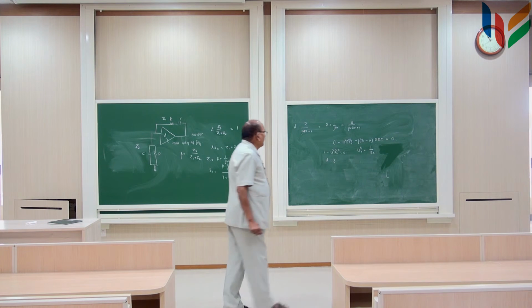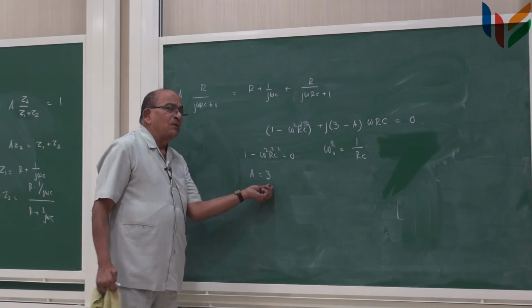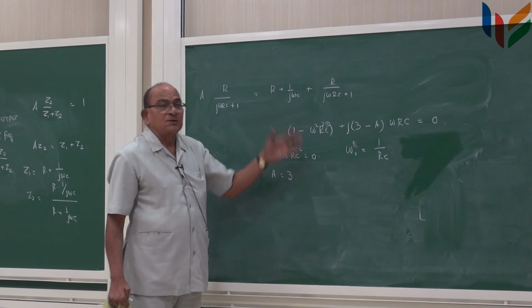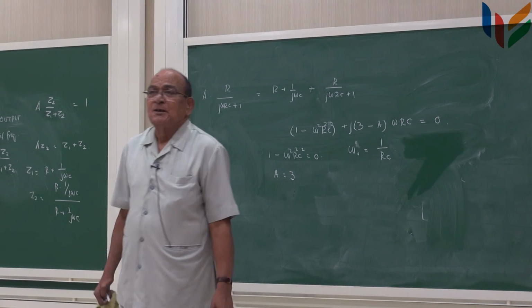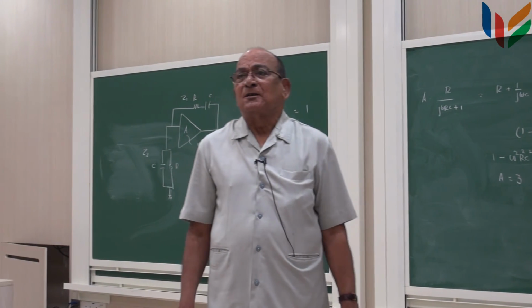So A must be close to 3. To guarantee that it oscillates, people normally keep it slightly more than 3, to ensure that any losses in the network are made up by the gain of the amplifier. So, slightly more than 3, but theoretically equal to 3.